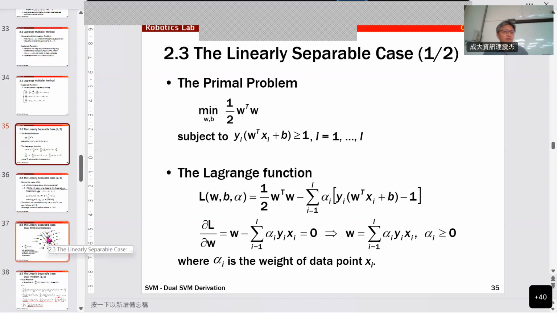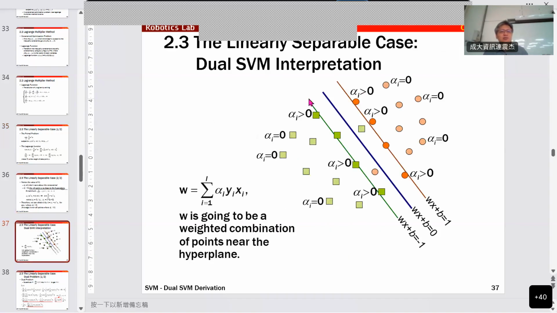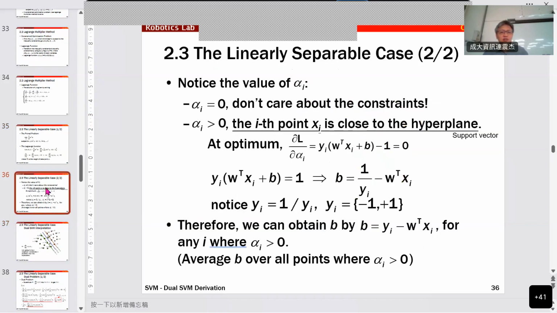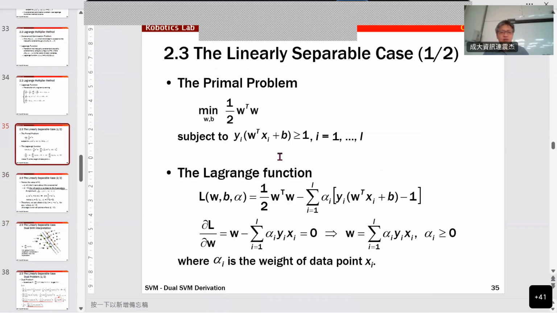After you solve for alpha, you will find that for samples close to the bound margin, the weight will be higher. So our equation becomes this one.